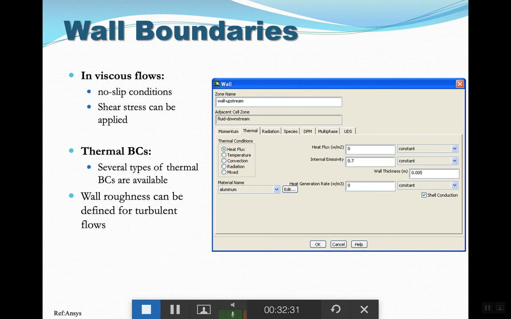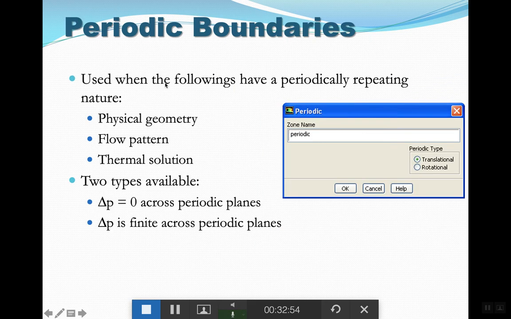If you provide a heat flux on the wall, it's either constant heat flux or 0 heat flux, which is an insulated wall. But remember, you provide thermal boundary conditions if and only if you're solving the energy equation. Otherwise, the only conditions you will provide are the viscous conditions on the wall.